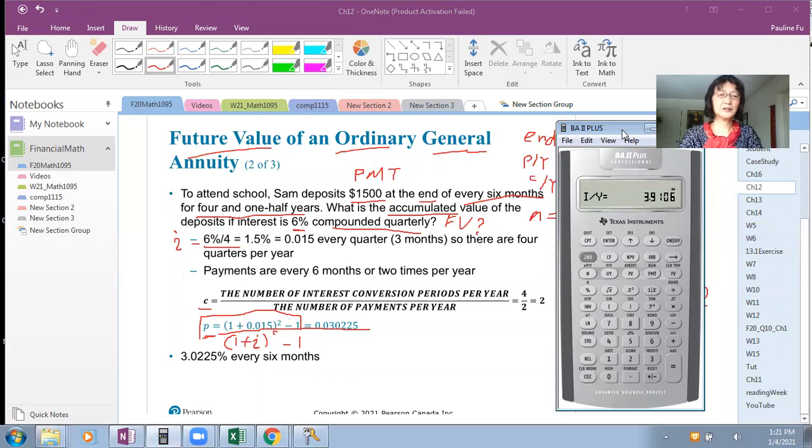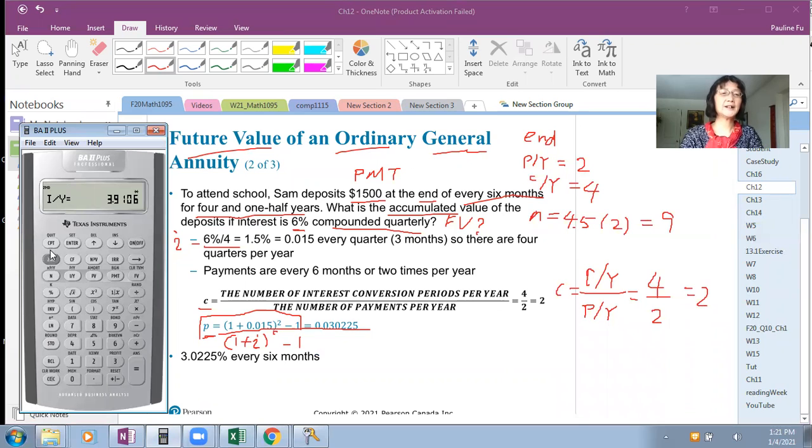Maybe I will put the calculator over here. First, press second, quit to clear any previous entries. Then second, PY: type in 2, enter. Use the down arrow key to get CY.